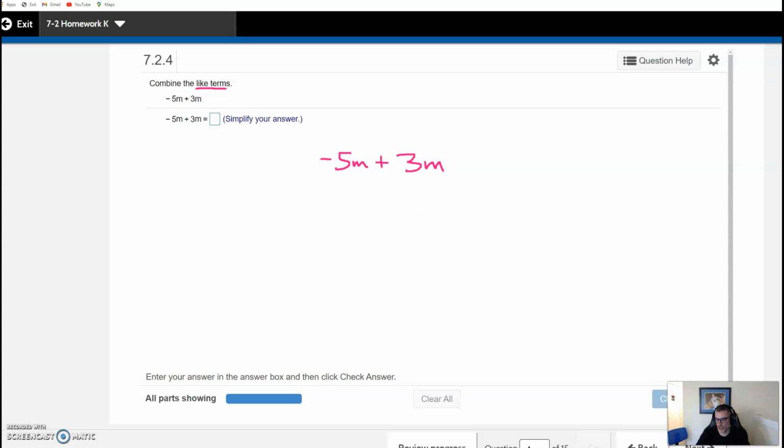And if you look at the two terms here, yeah, this one has an m and this one has an m. So then if these have the same term, then I can put them all in one pile, right? Think of it this way. If I have a table and I'm selling fruit, and I have 3 apples on the left side of the table, and I have 2 apples on the right side of the table, well, I can take all those apples and put them in one pile, right? 3 apples and 2 apples is 5 apples.